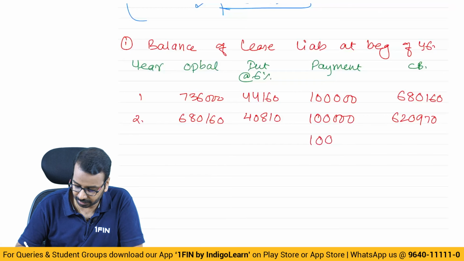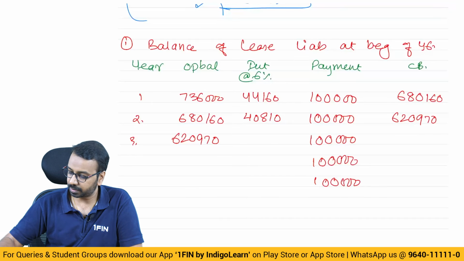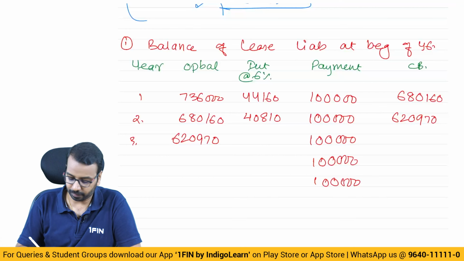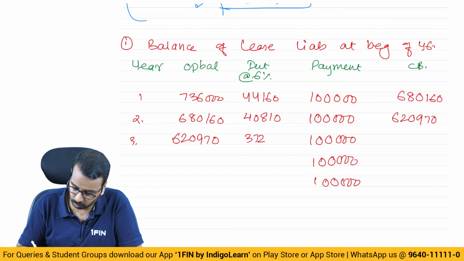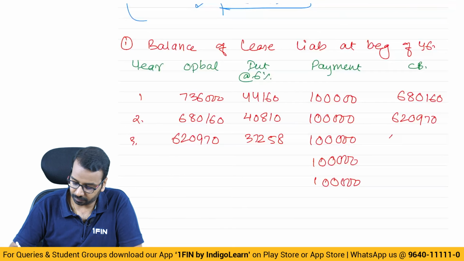Then the third year, opening balance 620,970 into 6% is 37,258, minus 1 lakh, gives 558,228.